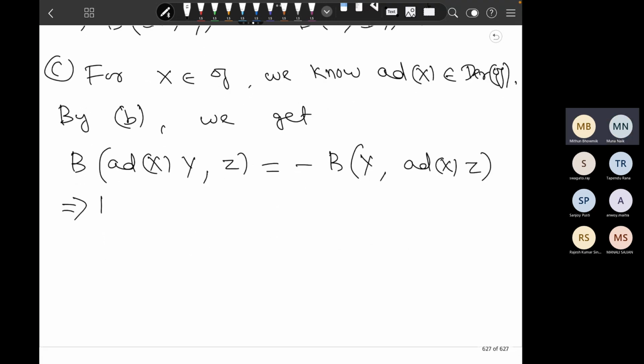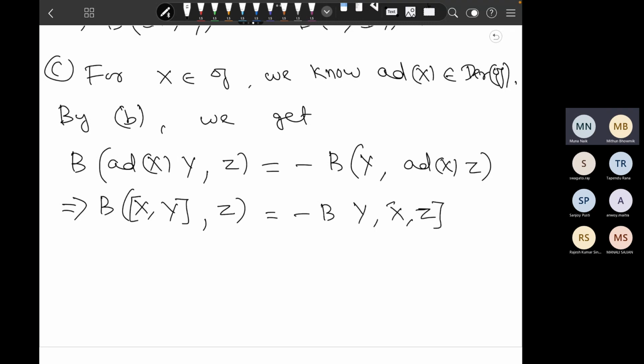So this implies B of [x, y], z is equal to minus B of y, [x, z].